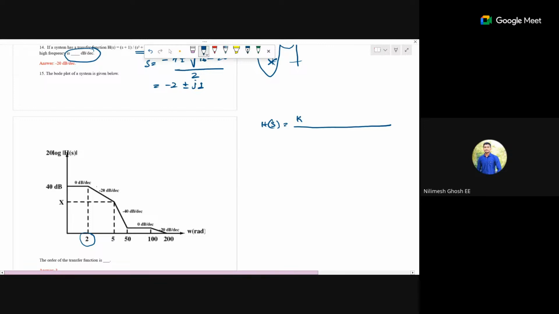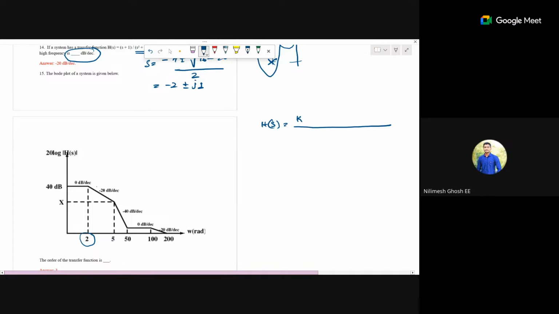While finding the transfer function from the Bode plot, you always have to notice the changes in the slope. That change will give you poles or zeros. That slope change will define how many zeros or how many poles are there at the corner frequency.